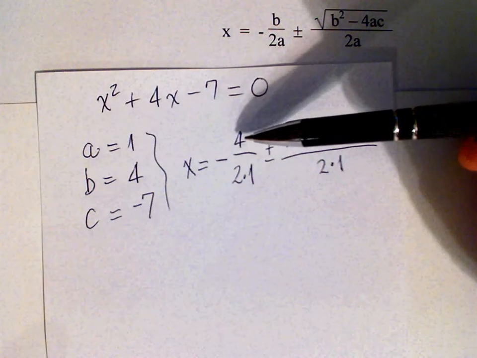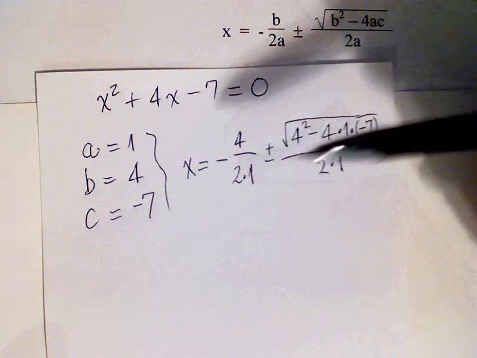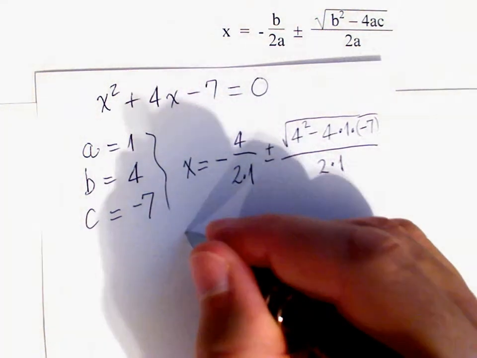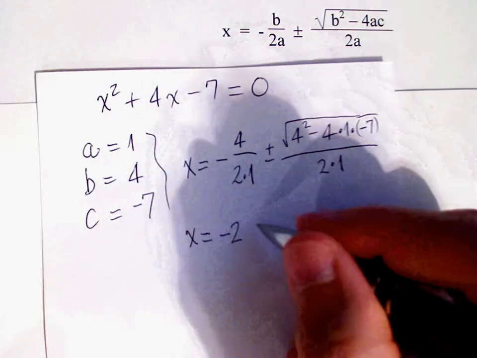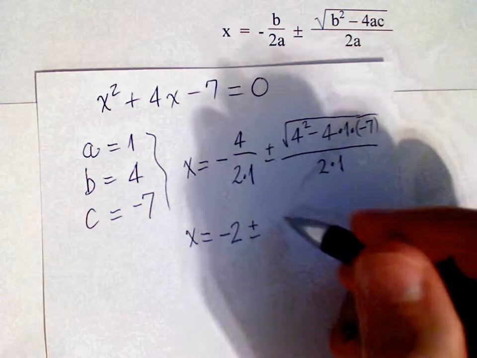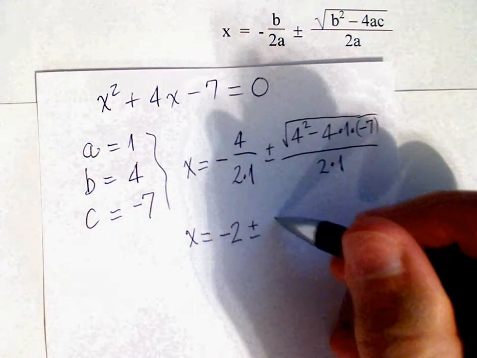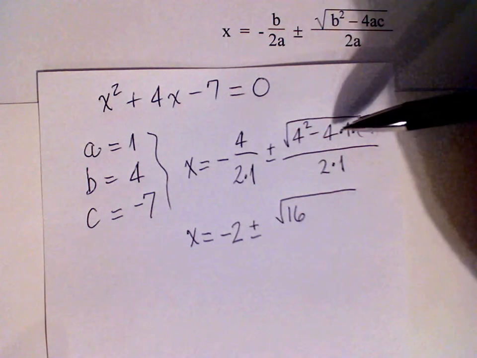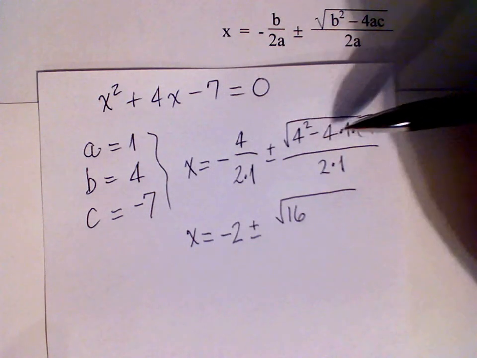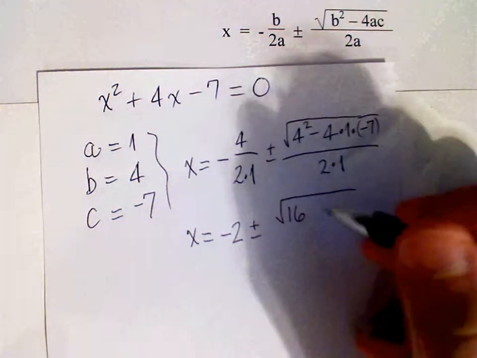Okay, so let's simplify this result now. We have 4 divided by 2, so that's 2 with a negative sign. So -2, and then plus or minus, and then under the radical we have 16, 4 squared is 16, and then we have -4 times -7 is 28.